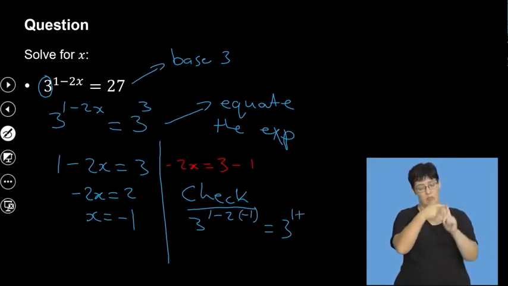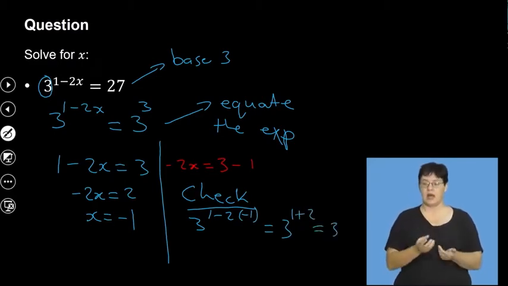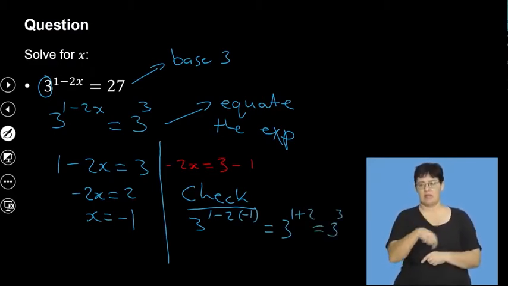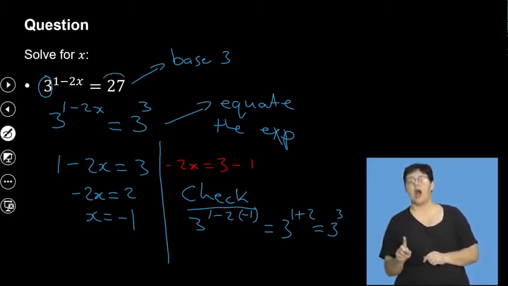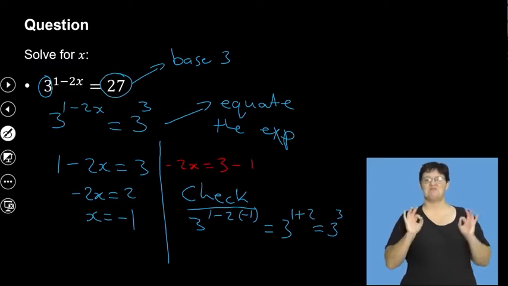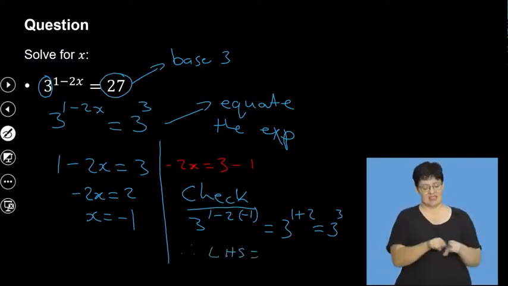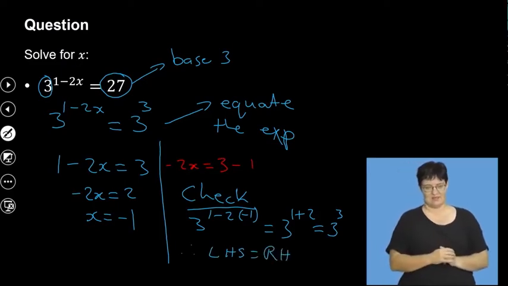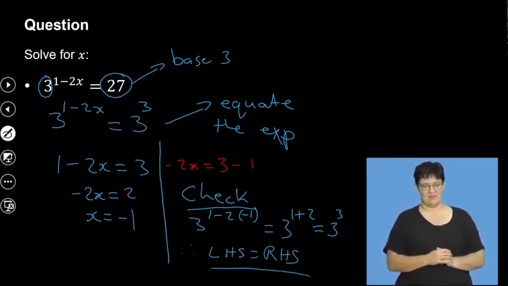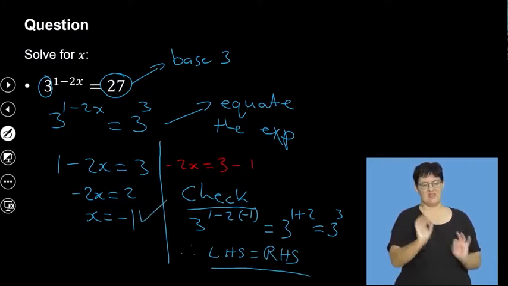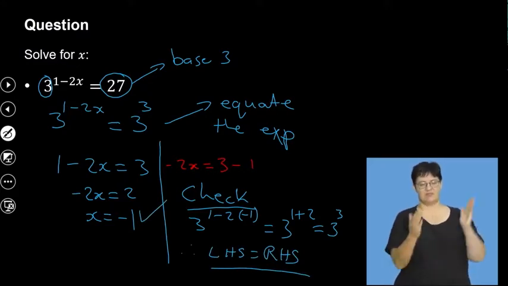It will be 1 plus 2, which is equal to 3 to the exponent of 3, and that's 27. What is on the right-hand side? On the right-hand side, this is 27. Therefore, you can see that my left-hand side is equal to my right-hand side, right? Therefore, my answer is correct. I can move on to the next one.